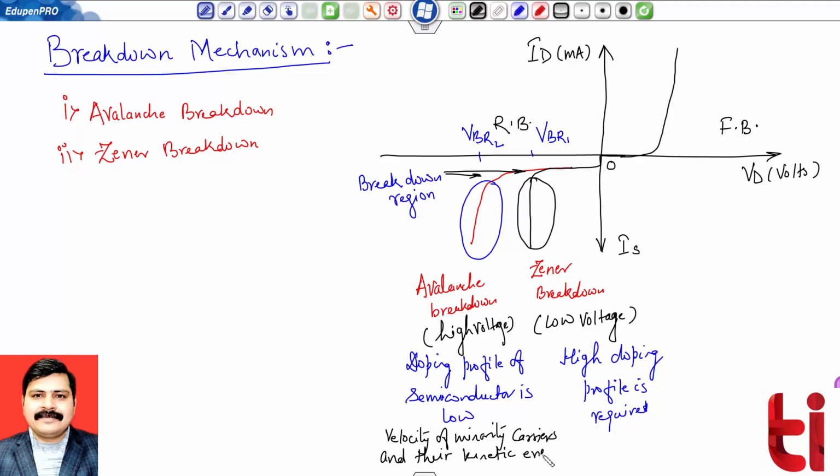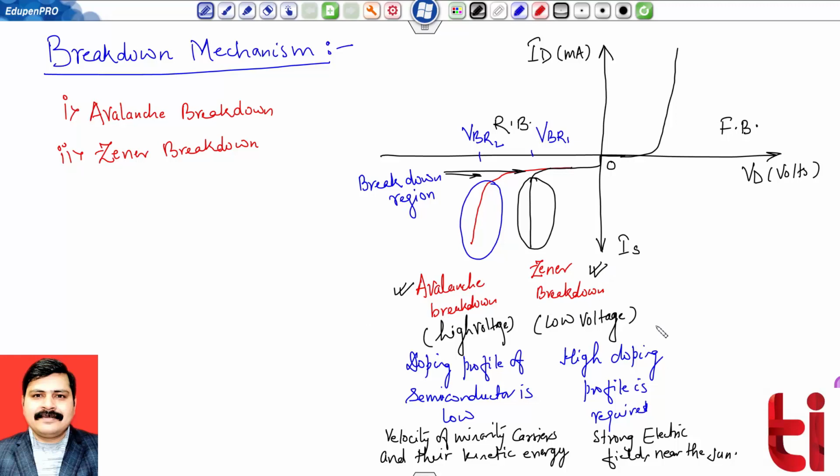However, Zener breakdown will occur due to a strong electric field near the junction of the PN junction diode. So these are a couple of points by which one can differentiate Avalanche breakdown and Zener breakdown.